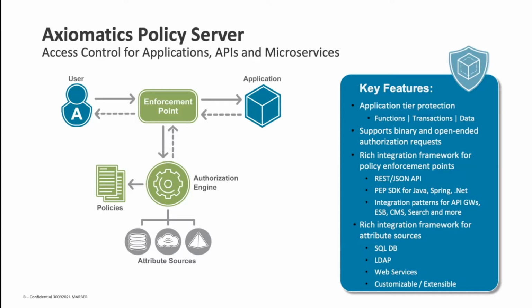So they end up with many different silos of authorization code spread out across many applications. It becomes very difficult to manage, and almost impossible to know what your authorization requirements are and if they're actually implemented properly across all your applications.